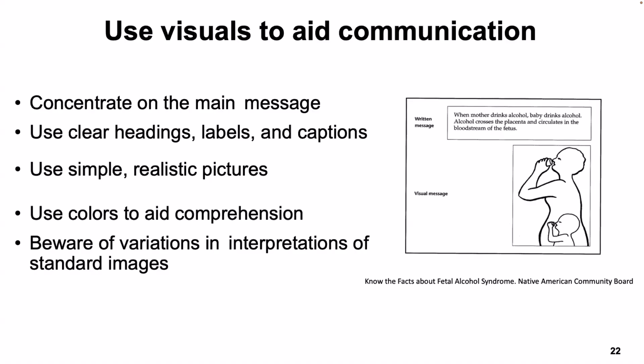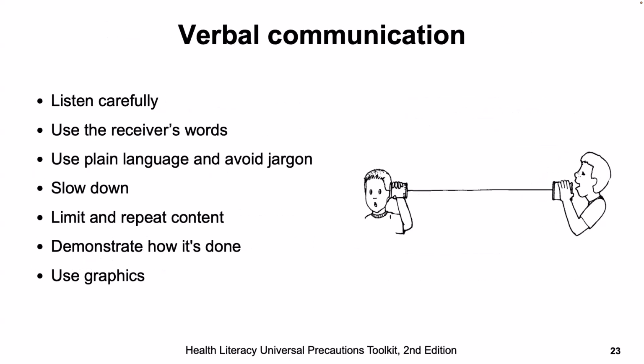So keep in mind that there are variations in the interpretation of standard images. Sometimes these reflect differences in the symbolism that prevails in different cultures. So for example, in some cultures, the image of an owl represents wisdom, and in others, it represents death. So again, make sure you're reaching the right community and knowing what those visuals may or may not mean ahead of time. But let's move on to verbal communication.